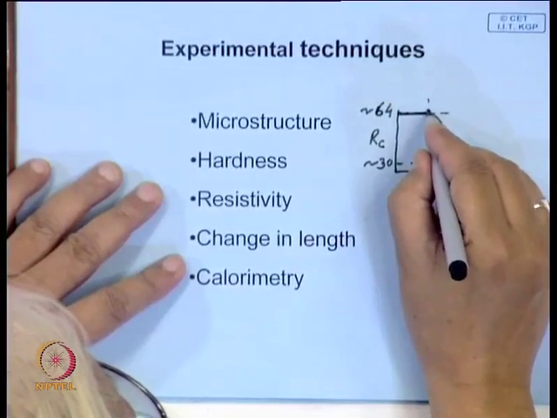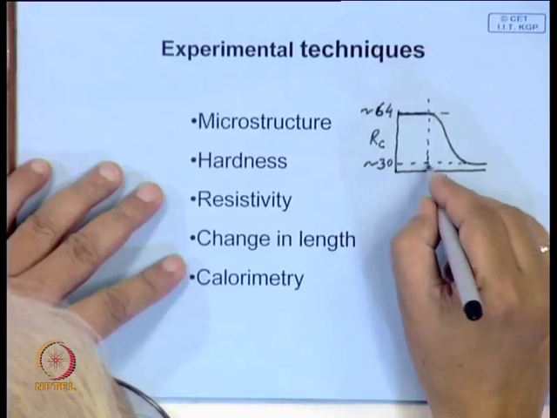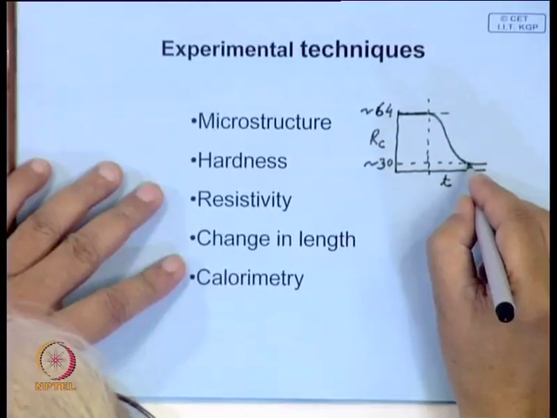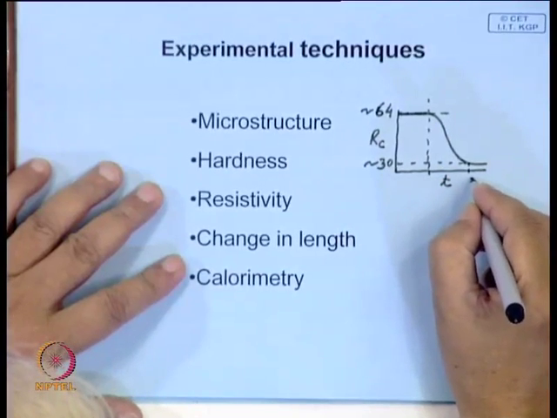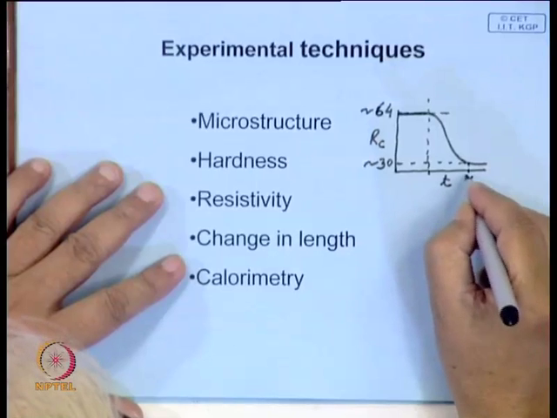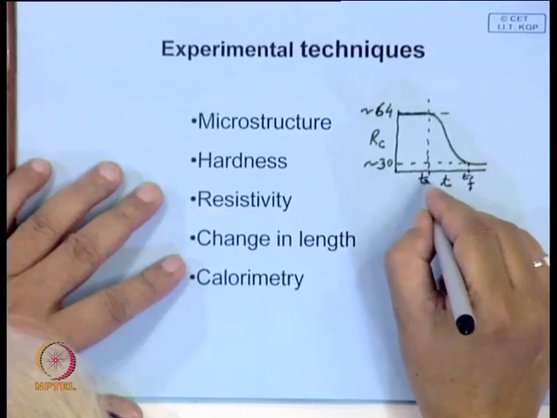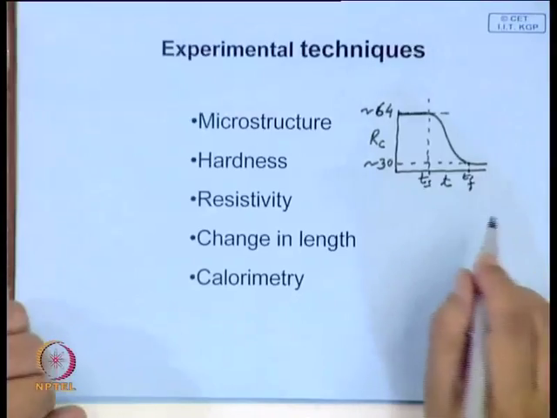So, from this plot you can say this is the start of transformation, and this is the finishing point of the transformation, Tf.